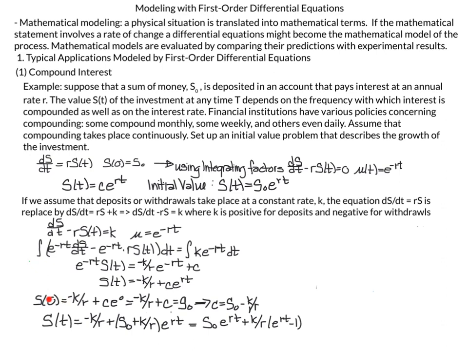Solving my initial value equation again, plugging in 0 for t, this becomes 0. So I get minus k over r plus c is equal to s naught, which means c is equal to s naught plus k over r. So I plug that in and I get my initial value solution here.